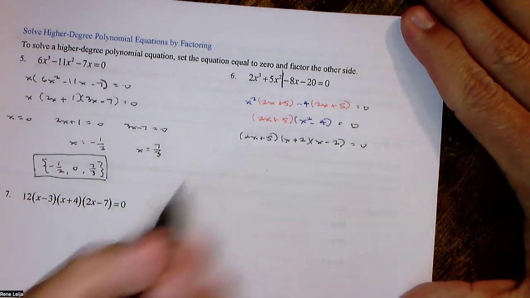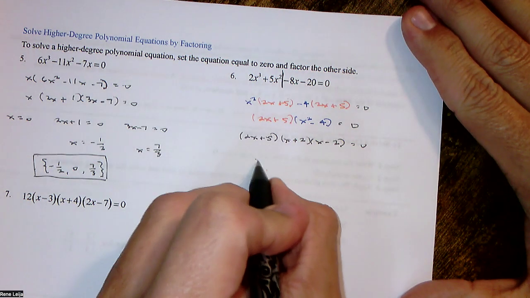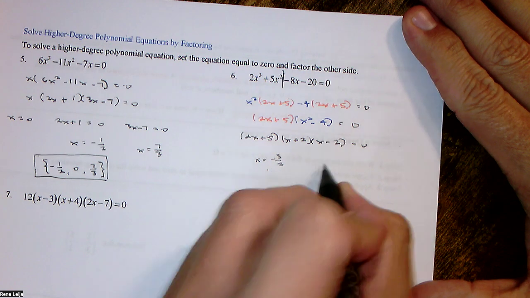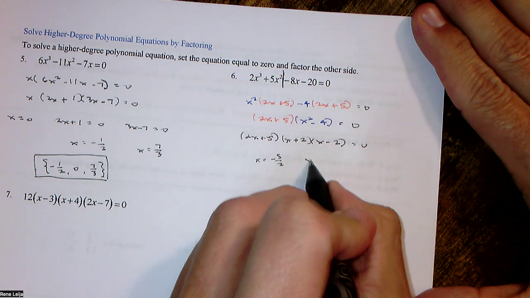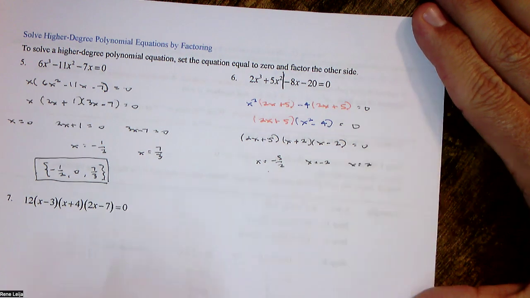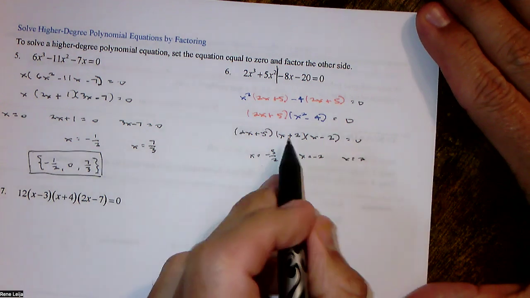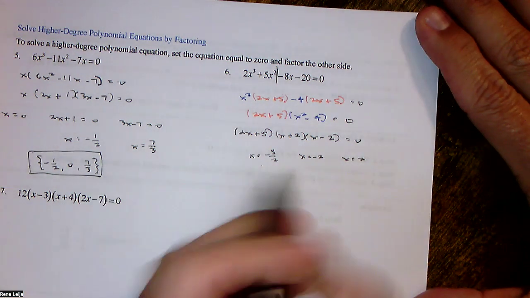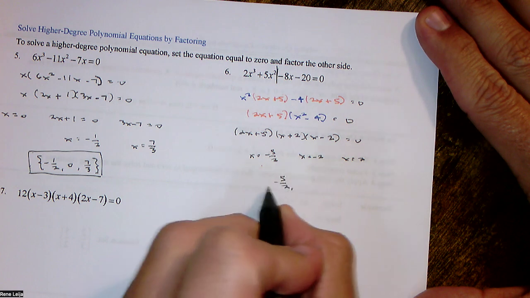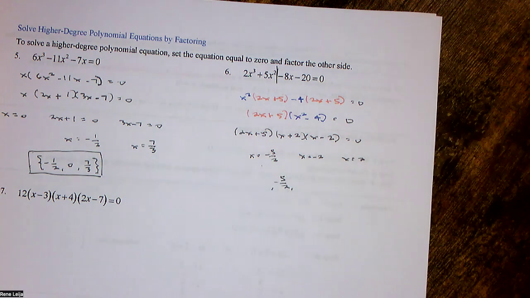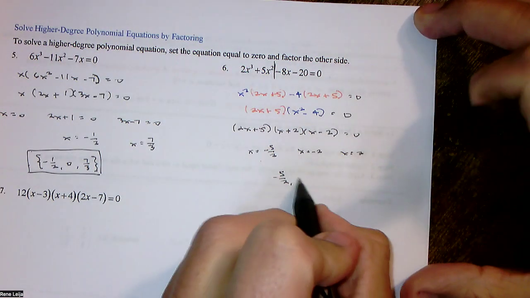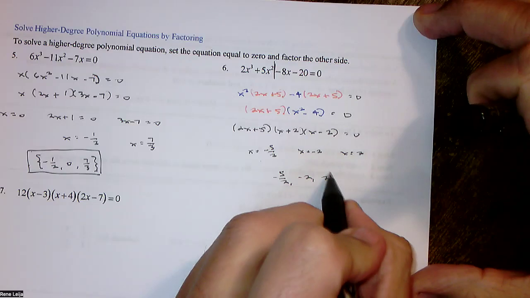So now this is going to give us x equals, subtract 5, divide by 2. So negative 5/2. This one is going to give us a negative 2, and the other one gives us a positive 2. Subtract 2, and then the last one you're going to add 2. So we have negative 5/2, negative 2, and then a positive 2.